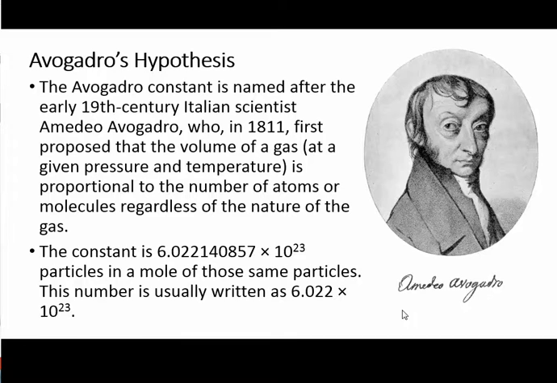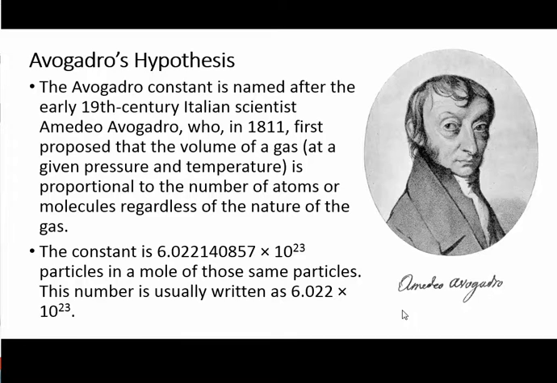What Avogadro came up with was the relationship between the number of elementary particles and the volume of a gas. And what he said was, if the volumes of two gases are the same, as long as the pressure and temperature are the same, then the number of elementary particles, meaning molecules, are going to be the same in those two containers.